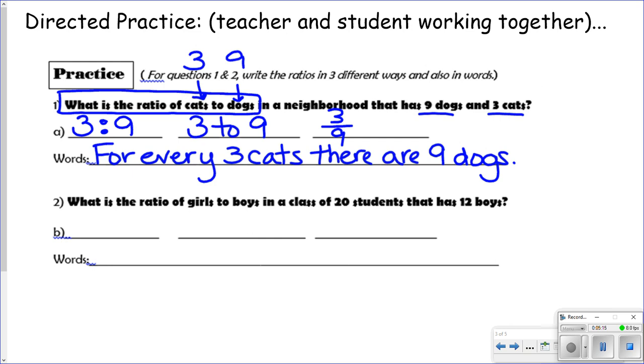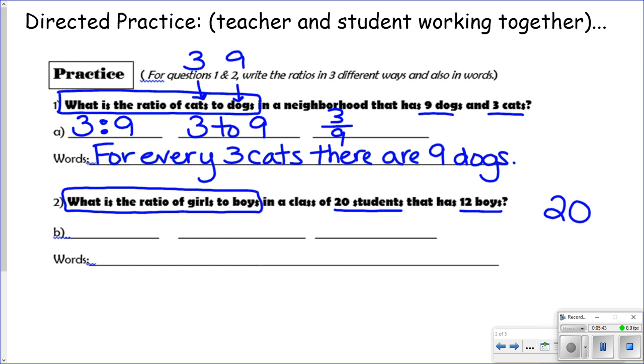The last example on this part, what is the ratio of girls to boys? So here's the question. In a class of 20 students that has 12 boys, this problem does not mention girls. It mentions 20 students and 12 boys. So it gives me a total of students, and I'm going to have to do a little bit of subtracting to figure out how many girls.